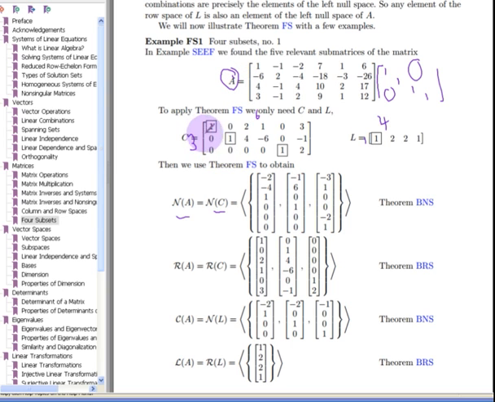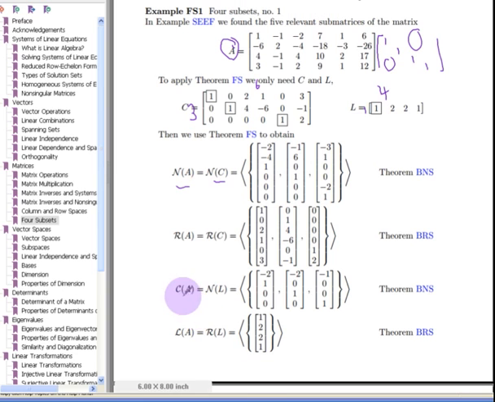To find the row space of A, we find the row space of C, which is just the rows, and here they're written as columns. Notice this first column is the first row, second column is second row, and so on. The column space of A is the null space of L. Here is L right here. Now this is actually in reduced row echelon form. We have 3 free variables.